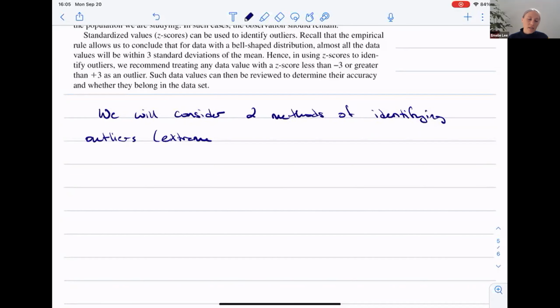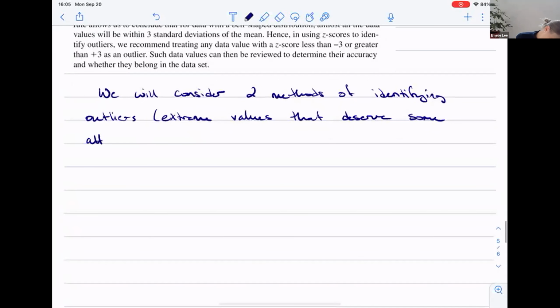Or maybe they should be removed because they didn't belong to the population that you thought they did. That kind of thing. So I'm going to generalize that and say extreme values that deserve some attention, because they're so needy, before being included in our analyses.